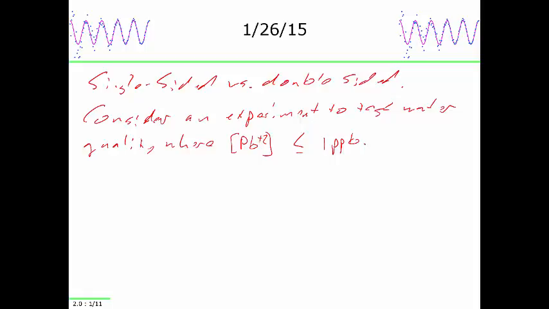Okay, so if we're designing, if we're testing, and let's say we've done this test enough times that we know the true variance in the measurement. We know sigma from many similar measurements.